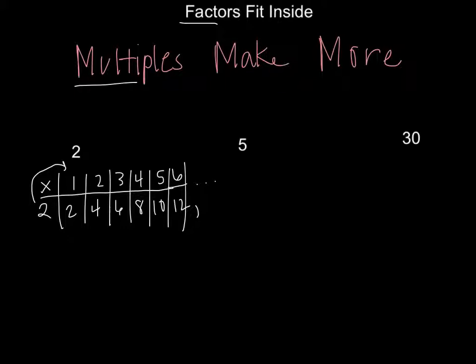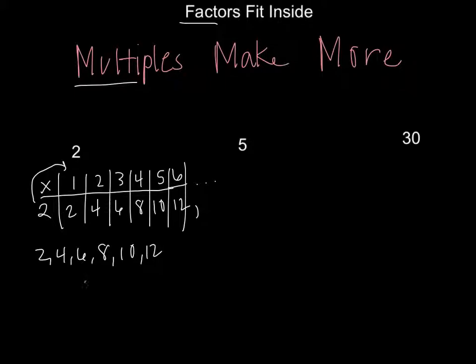So multiples would be 2, 4, 6, 8, 10, 12, 14, 16, 18, 20, 22, 24, and so on. Multiples go on forever. So I could keep multiplying 2 by a larger number and keep getting a multiple of 2. But let's go back to what the factors of 2 would be.